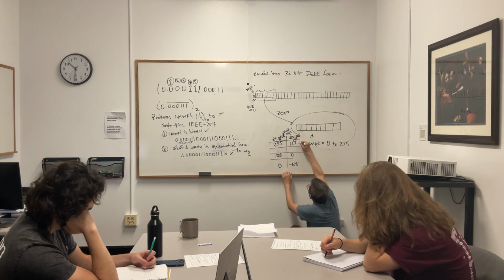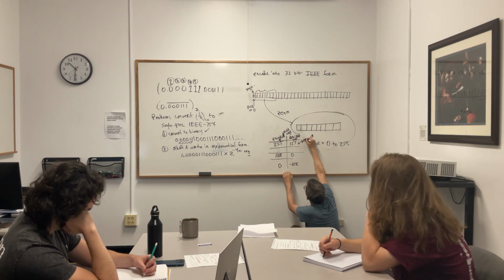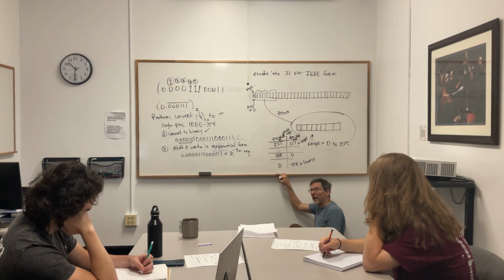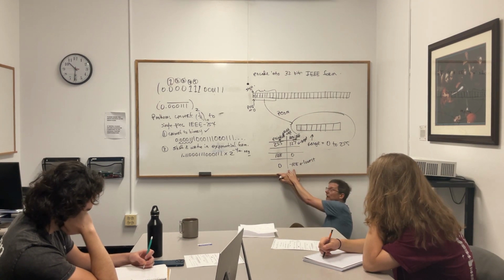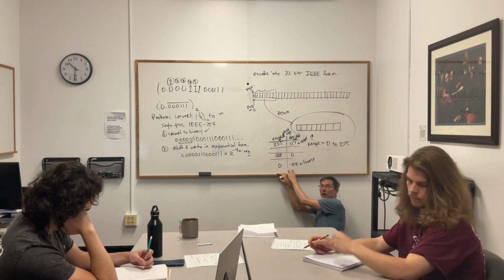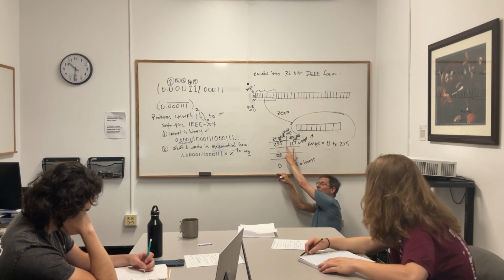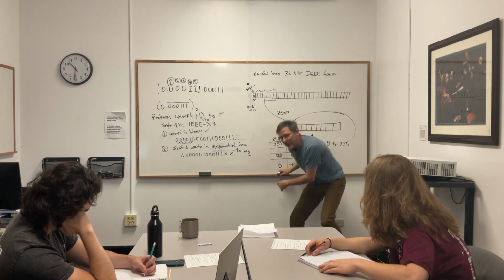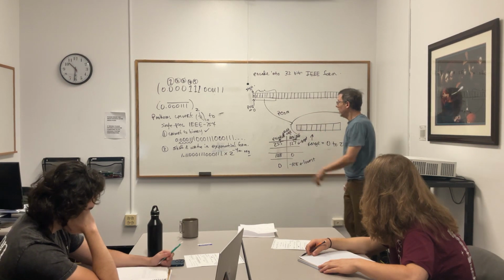Those actually end up having special values to themselves. This is going to turn out to basically be our 0, and this is going to turn out to be our infinity. But let's worry about the basics first. That's just little cases.